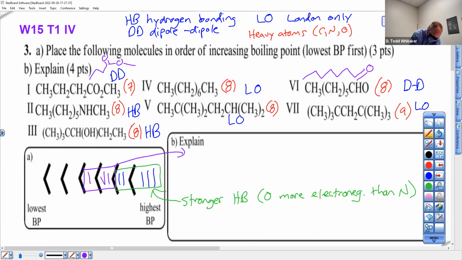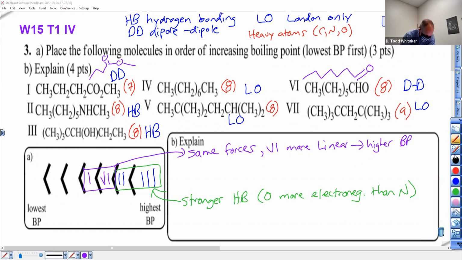And you say, same forces, VI more linear, higher BP because closer stacking.